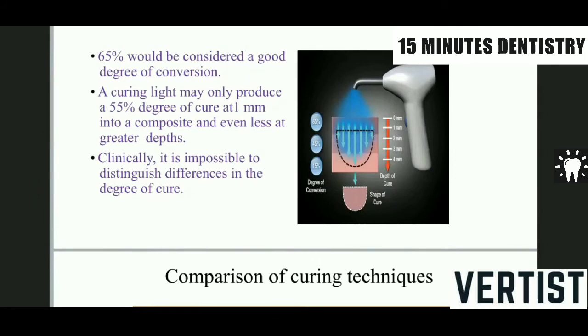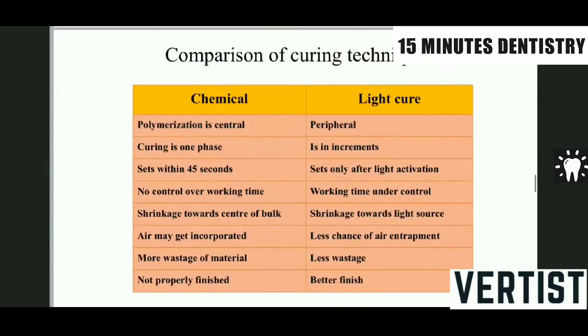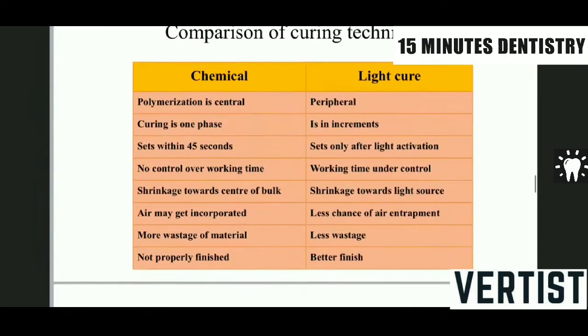Now, if you compare the chemically cured composite and a light cured composite, there are main differences, which is again a common viva question or a short note. A chemically cured composite will polymerize in the center and it will pull all the material towards the center of the composite, and that is why this material will produce more and more gaps at the margin of the restoration, because it is placed in one layer and not done multi-layer.